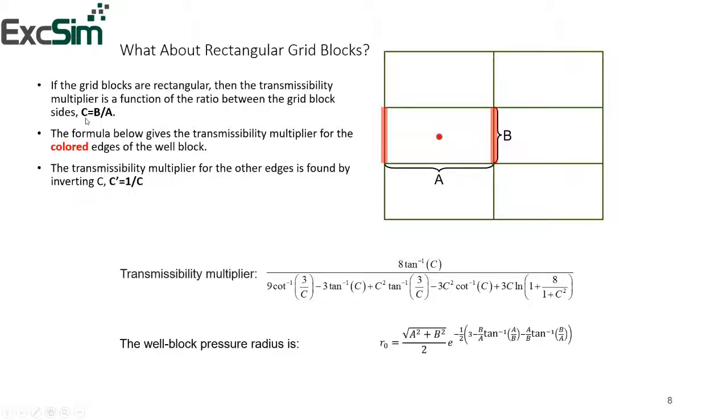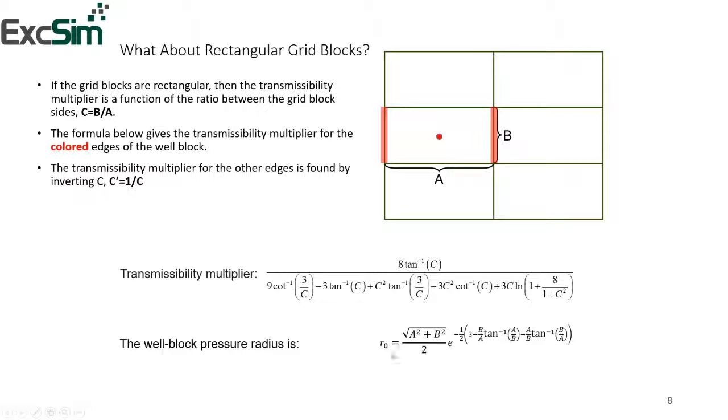And C here is defined as B divided by A. And here's the formula for the transmissibility multiplier for the B side, given this definition of C. If you want to get the transmissibility multipliers of the A side, you just invert C and put it back in this equation, and you get another value.